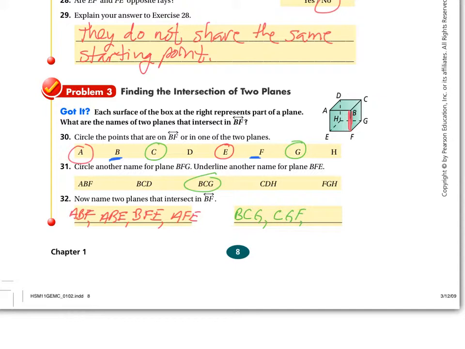And these by all means are not all of them, because we could do quite a few combinations. What else? Any 3 combinations? FBC, perfect. And let's come up with one more. BFG. Okay? All right, so then let's look at the last page.